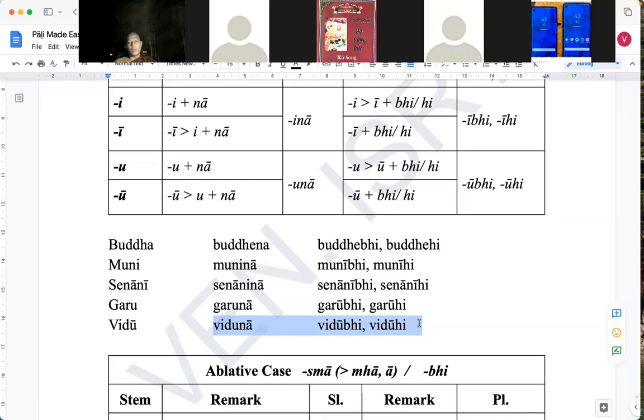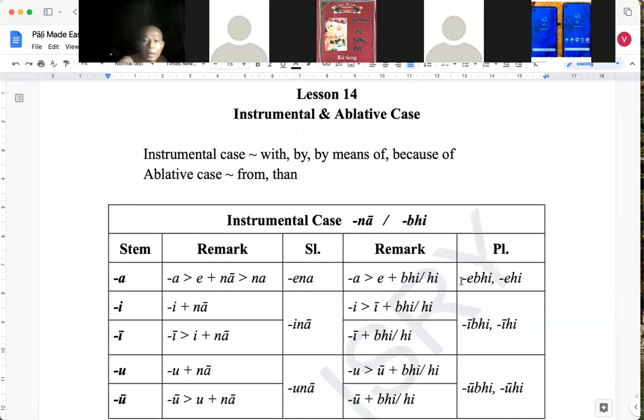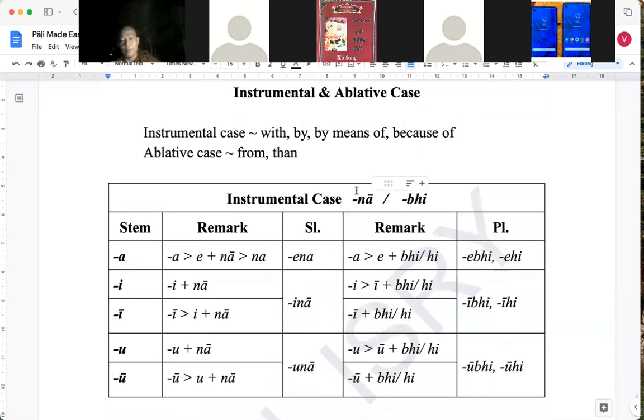So Garuna, Garubi, Garuhi. We do Na, we do Bi, we do Hi. That is how those terms decline with the instrumental case.